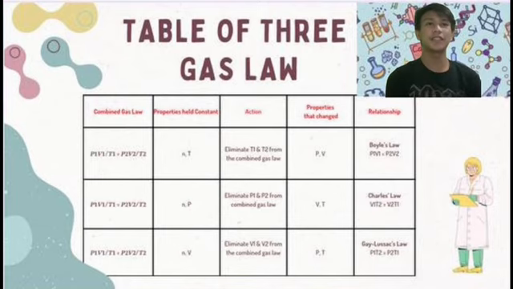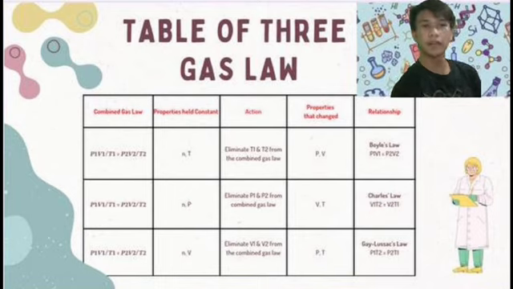The third and fourth columns show the action that happens: one property is eliminated because it is constant, while the two other properties change. The last column shows the relation that holds in the given situation, either Boyle's law, Charles' law, or Gay-Lussac's law.